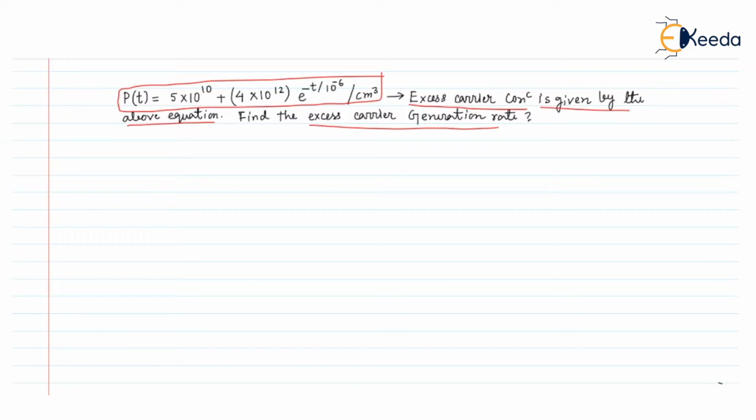So for that case, we know that this equation is the excess carrier concentration varying with respect to time.